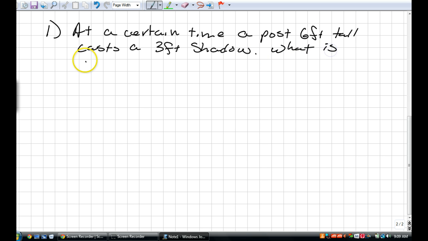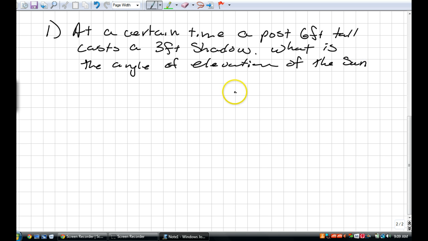What is the angle of elevation of the sun? Okay, so first let's draw a picture.